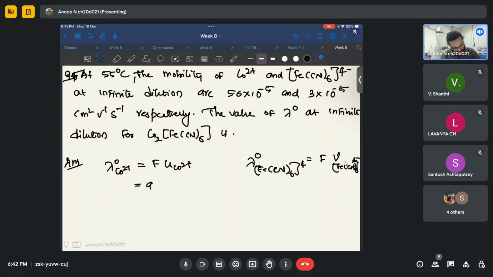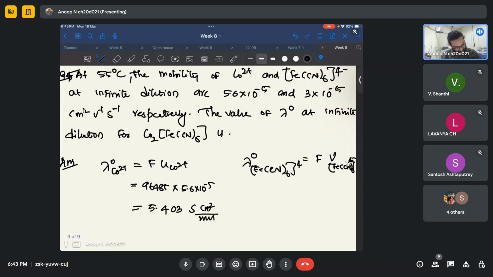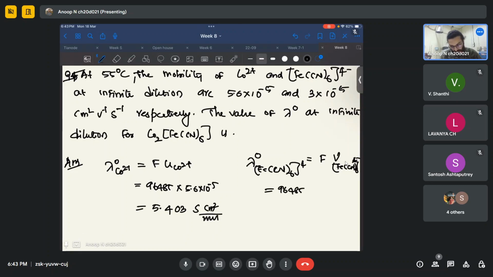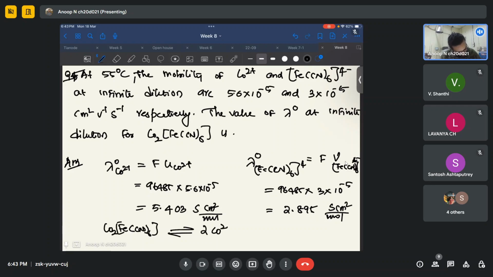So which can be written as 96485 into 5.6 into 10 raised to minus 5, which is nothing but 5.403 Siemens centimeter squares per mole. Here similarly 96485 into 3 into 10 raised to minus 5, which is nothing but 2.895 Siemens centimeter square per mole.